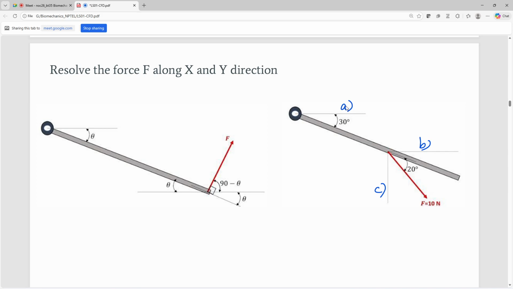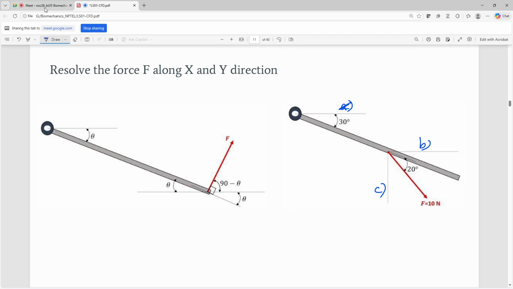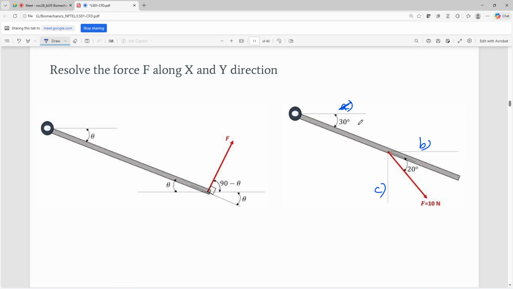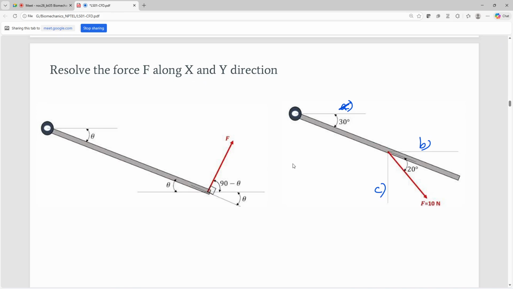Try to solve the force F, B, and C. Is this 30 degrees only for direction? Our force is F. Try to solve in B and C direction.